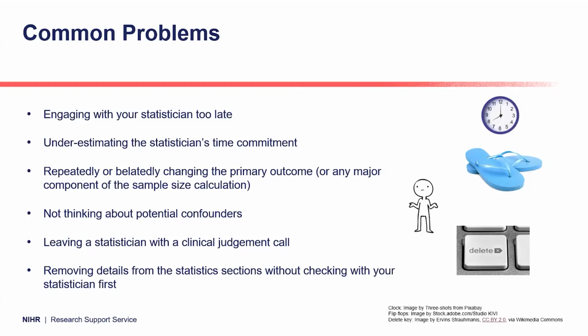Also, changing one part of the calculation can lead to rewriting statistical sections, and it's not as simple as clicking a few buttons. As noted previously, there's still a large part of sample size calculations that requires clinical input. The panel will be looking to see that the analysis aligns with objectives, design, and outcome measures. So removing parts can leave holes that the panels will question.